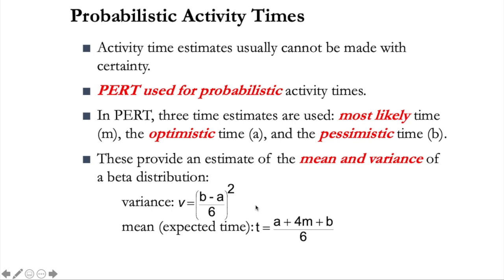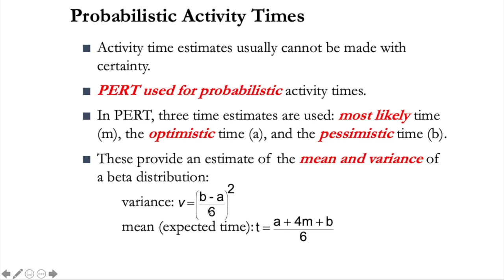So, probabilistic activity times. We talked about the 3 different times: most likely, optimistic, and pessimistic. Given these 3 types of times, we can find the mean and variance. The variance is ((b minus a) divided by 6) squared, where b is the pessimistic time and a is the optimistic time.